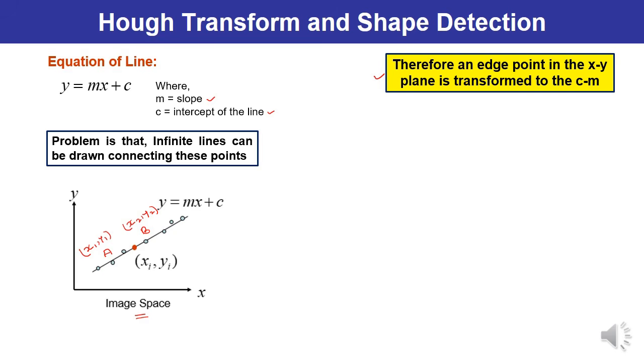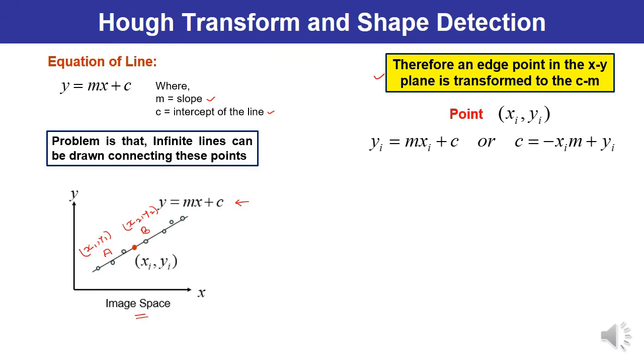So what is our requirement now? This equation of the line which you have written in the xy plane must be converted into the cm plane. It means now you have to rearrange this particular term, taking c on one side and the other parameters on the other side.